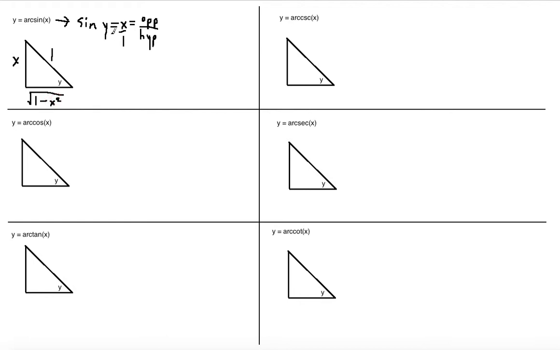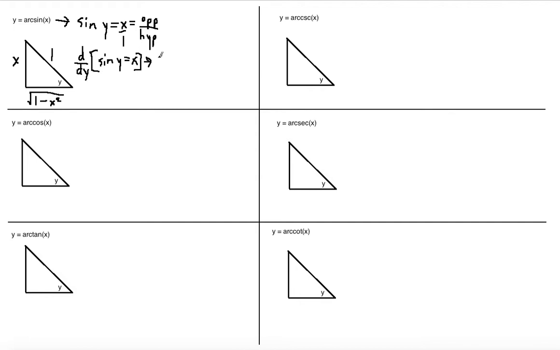And then what we're going to do is take the derivative of the form we're more comfortable with, with respect to x. When we do that, we'll have to use implicit differentiation here.